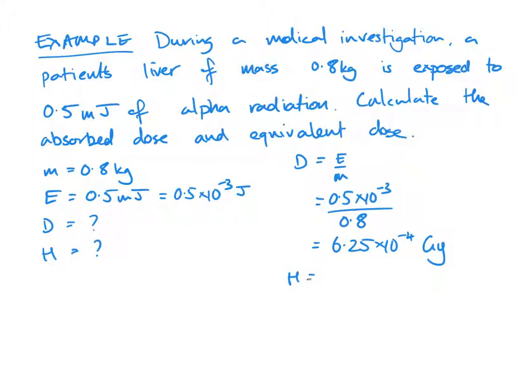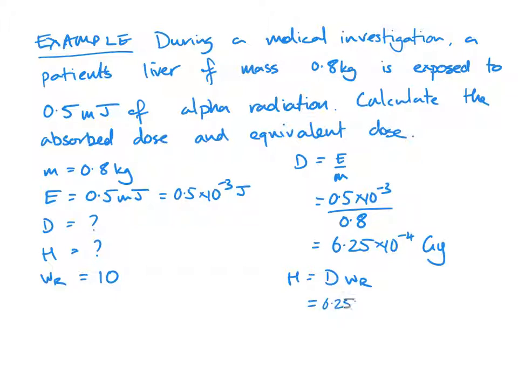The equivalent dose is H equals D WR. We've got D, we've just worked that out. WR will generally either be mentioned in the question, or you can go and look up a table in the data sheet in the exam. Okay, so page 2 of the exam is a data sheet where it will tell you what radiation weighting factors are for the types of radiation involved. So you check for alpha radiation, the radiation weighting factor is 10.